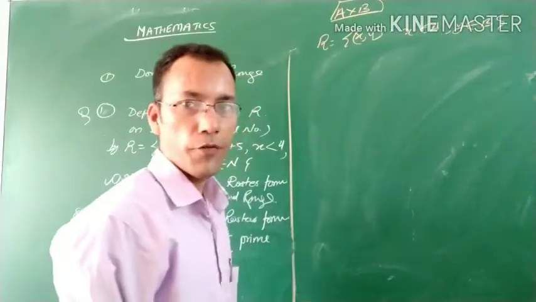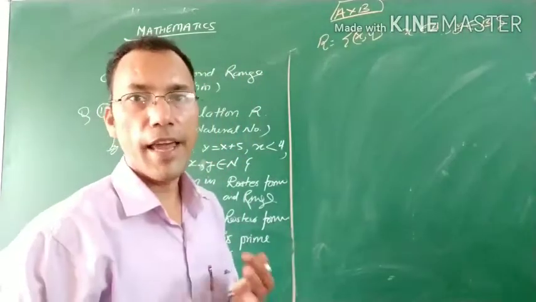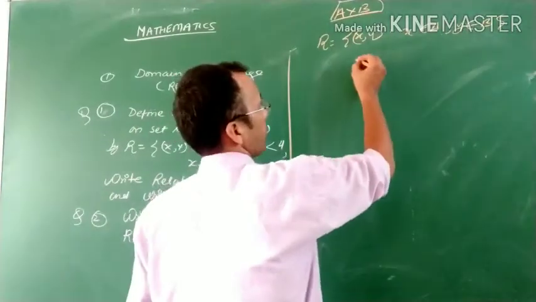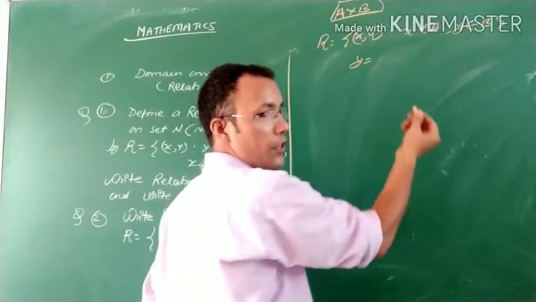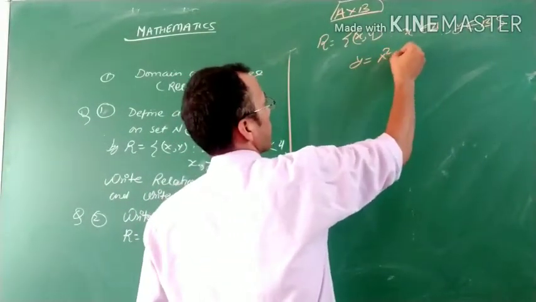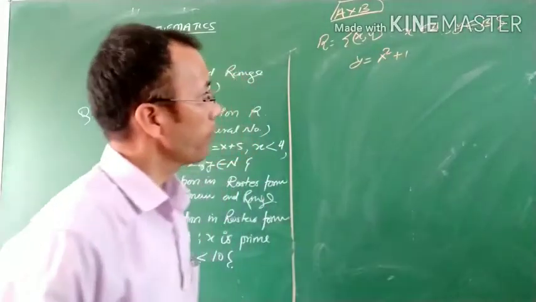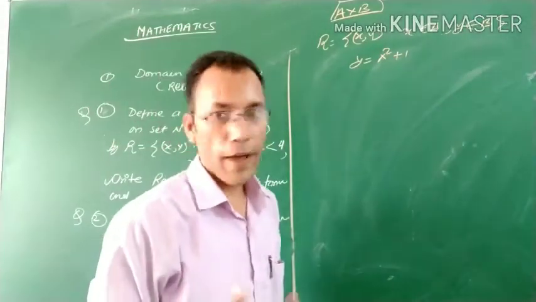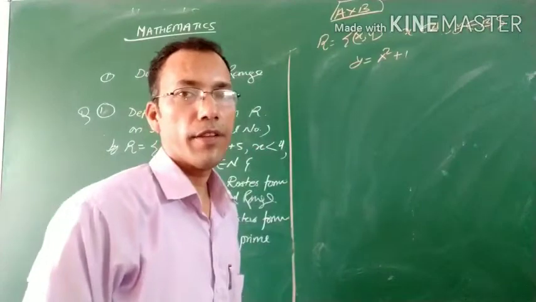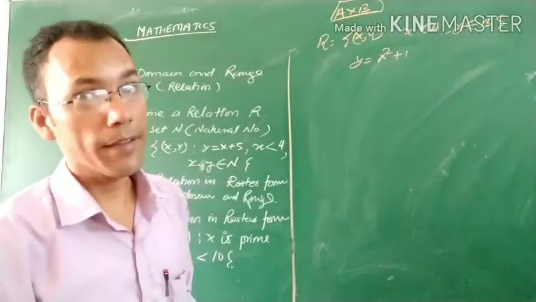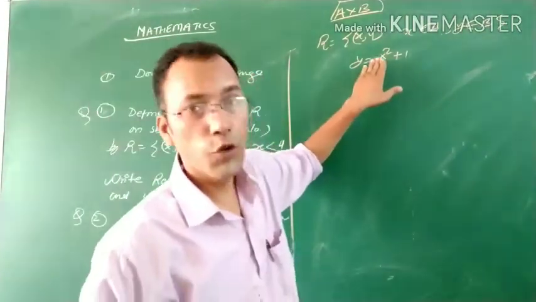Basically, if the relation is given between x and y, suppose y is equal to x square plus 1, whatever value we put in x, that is called the domain.